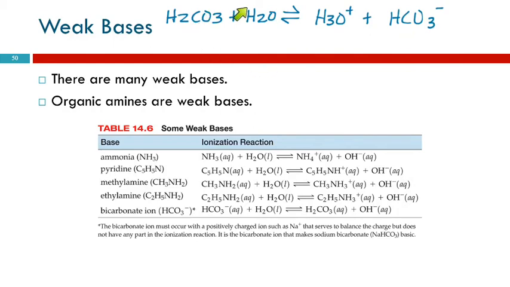This is the acid, this is the base. Conjugate acid, conjugate base. This conjugate base can accept a hydrogen ion from water and make carbonic acid, the conjugate acid.